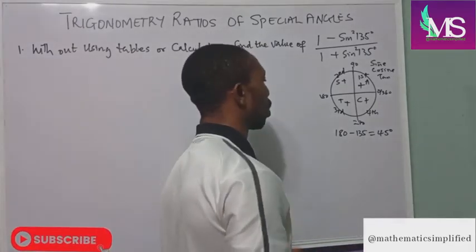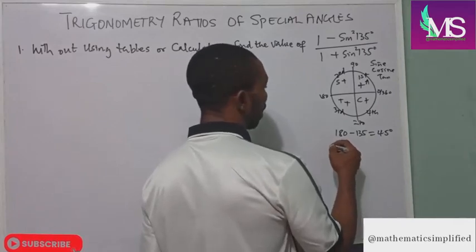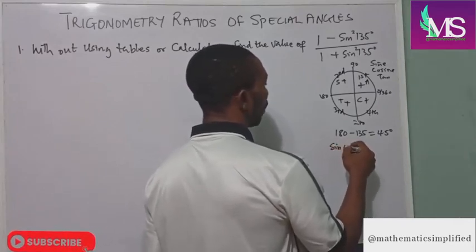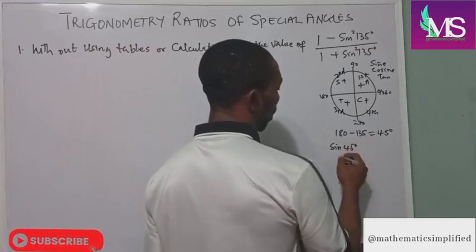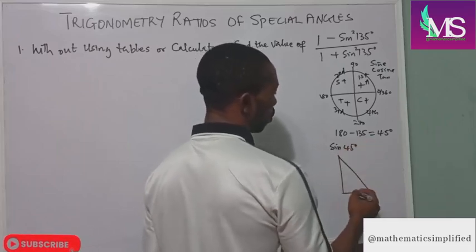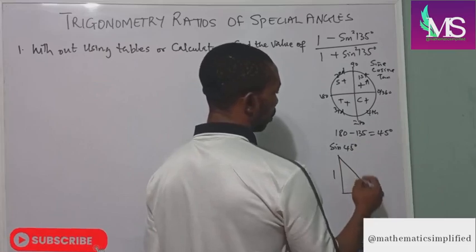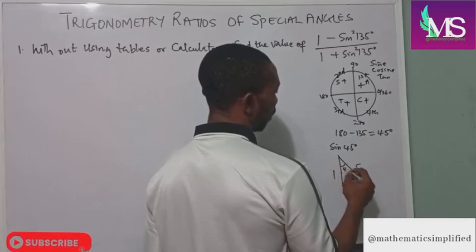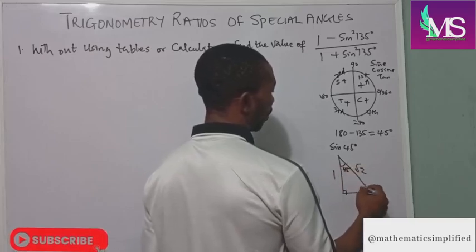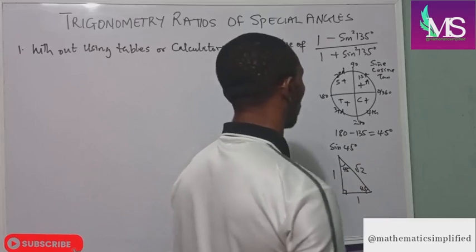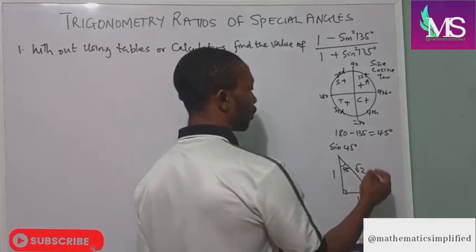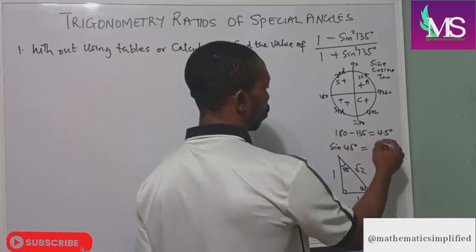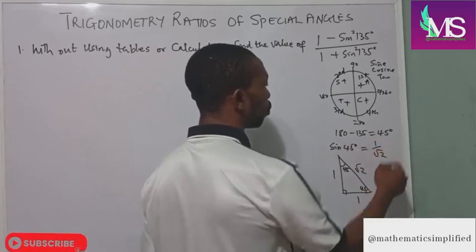Now, we saw earlier that from our special angles, the value of sine 45 degrees will give us 1 over root 2.